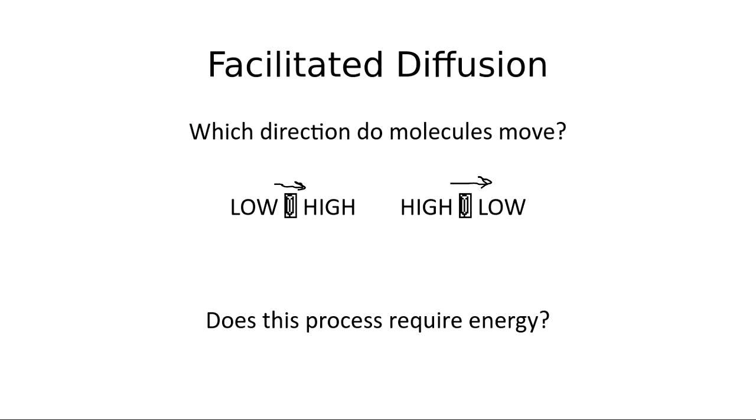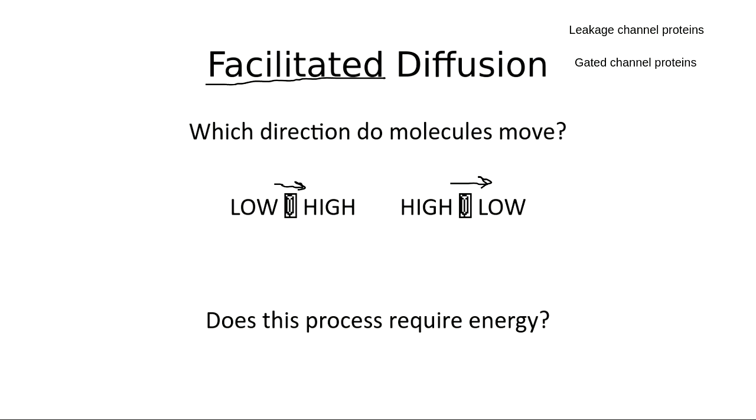When we talk about either our leakage channel proteins or our gated channel proteins, when we talk about either of these types of proteins, we are doing something called facilitated diffusion. When we think about facilitated diffusion, here's a couple of things we should know.